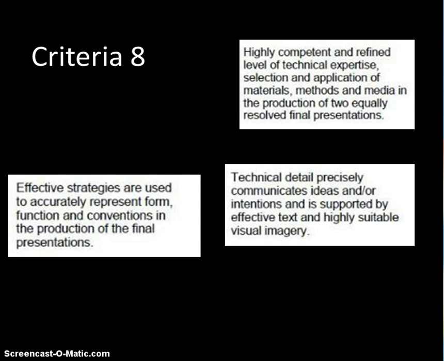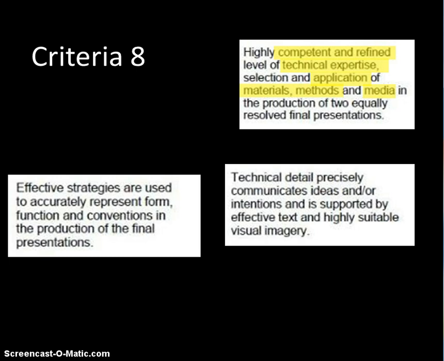So I've got a bit of a script here to read through some of these just to go into it a bit more detail. So let's look at the first one, and really it's about how competent and refined the technical competence applied to the use of materials, media and methods. For example, this could be the quality of the paper of your final presentations and what they're printed on.